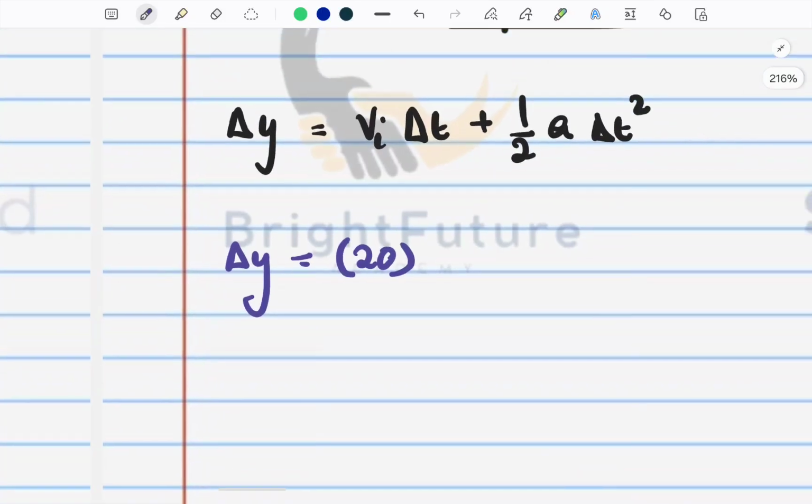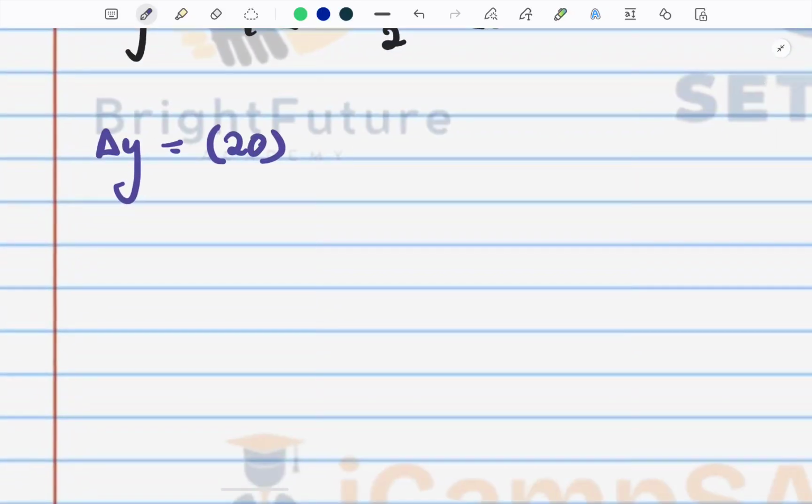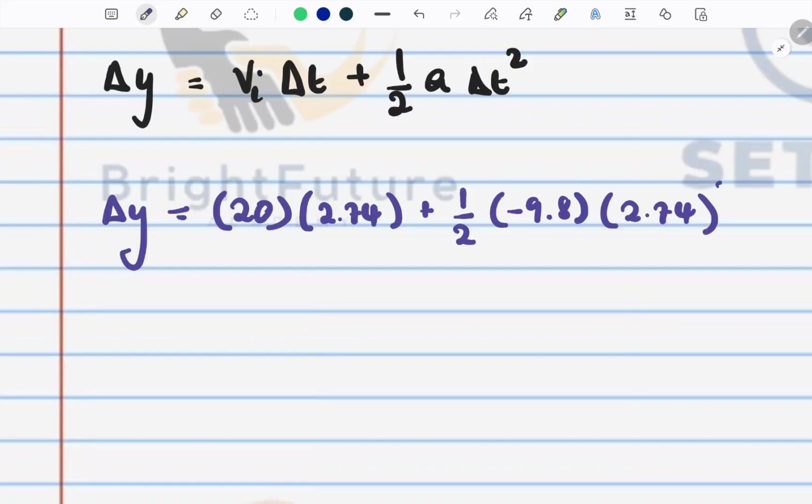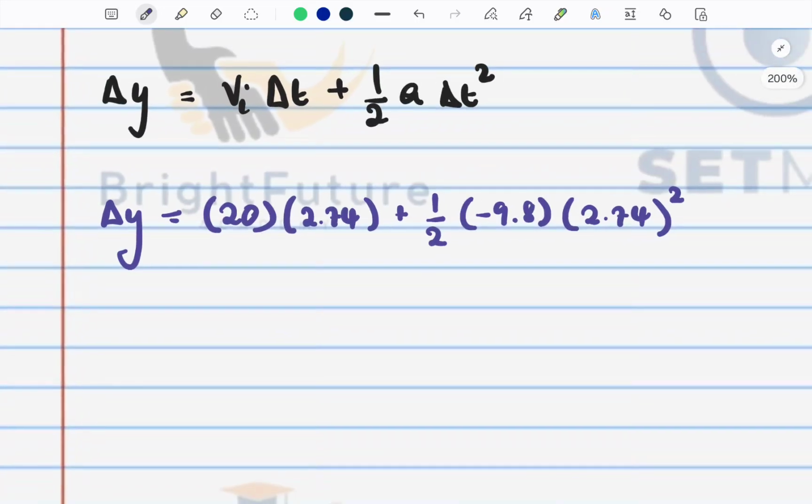So you do have the time it took the ball to reach point P. You're going to have 2.74, then plus 1 over 2 times minus 9.8, and then 2.74 again, squared. This is what you have. So you can see this is your easiest way out, and this would have saved you a lot of time. Okay, then you can punch your calculator.